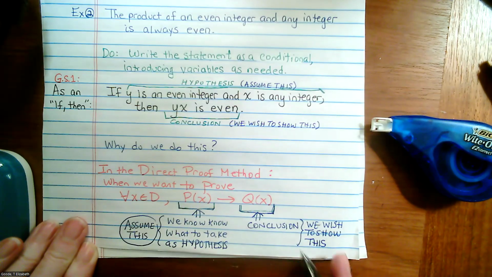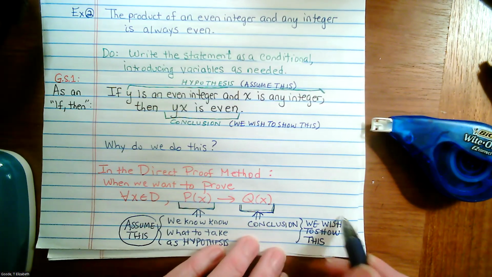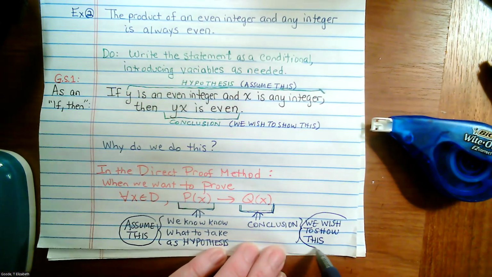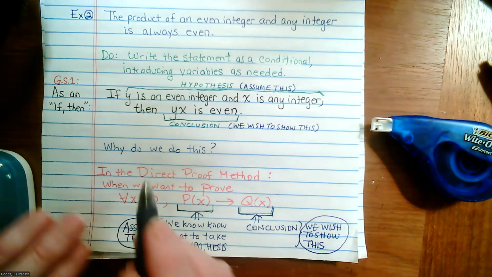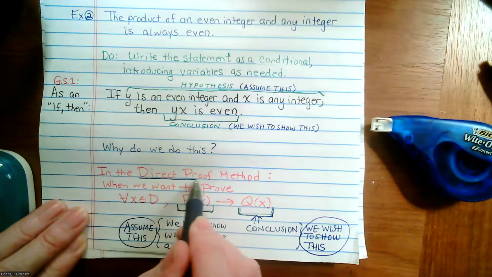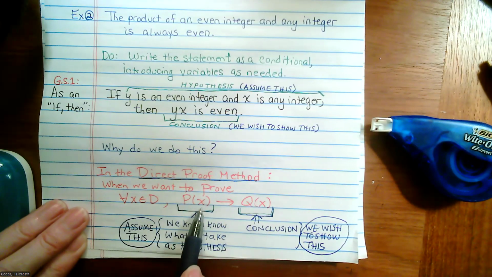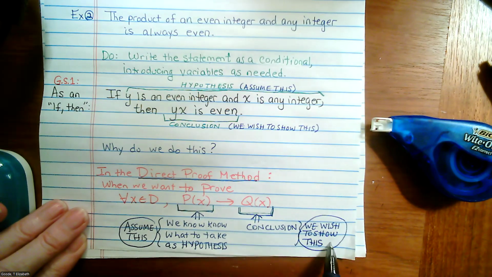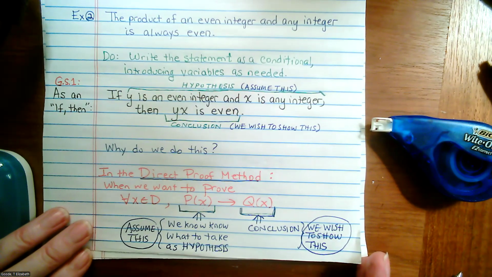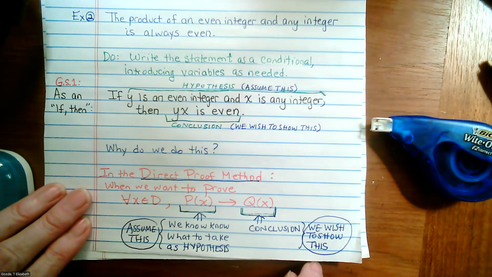We need to get our eyeballs on the conclusion so that we know what our work is. In the direct proof method, the hypothesis is what we assume, and the conclusion is what we wish to show.